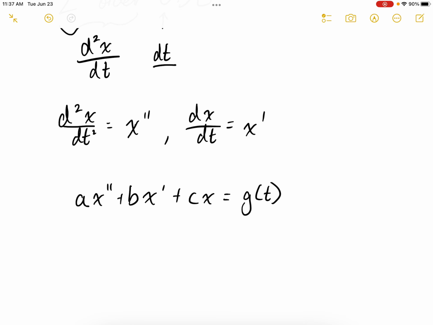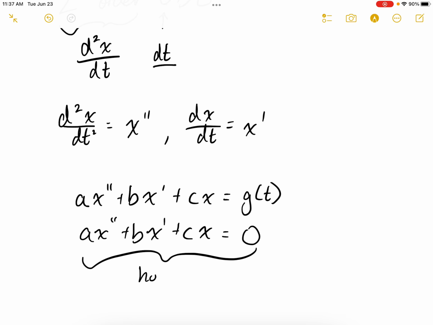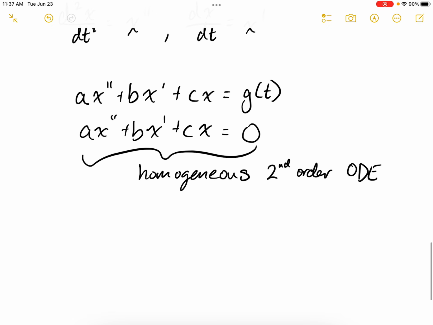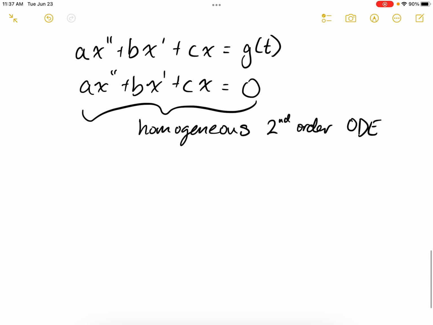Now, you may have learned in your math class that if it is equal to 0, then this is called a homogeneous second order ODE. And this is relatively simple to solve using principles from the quadratic formula, right?